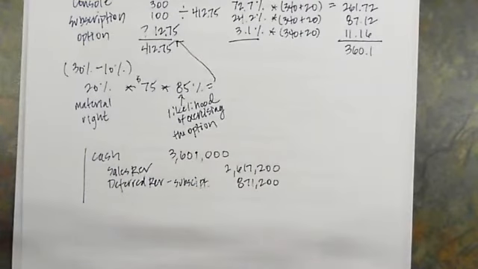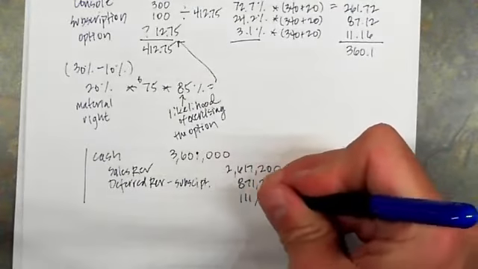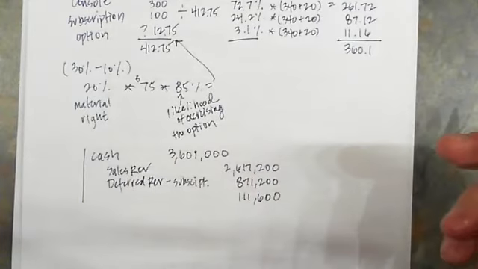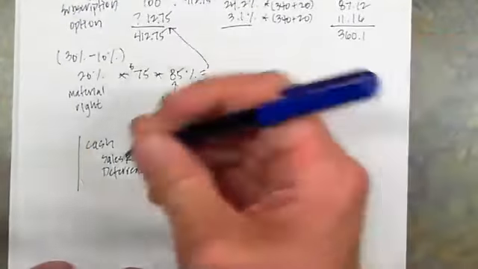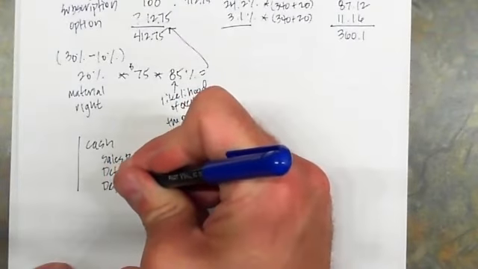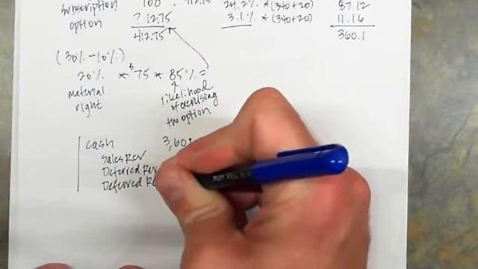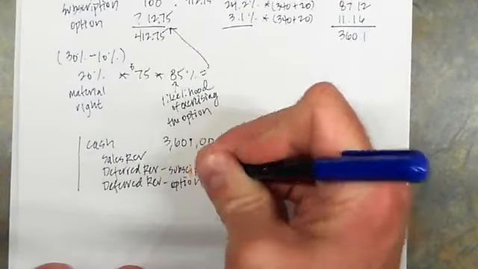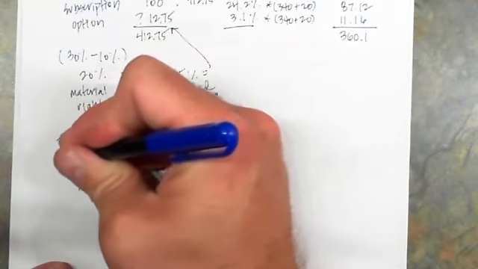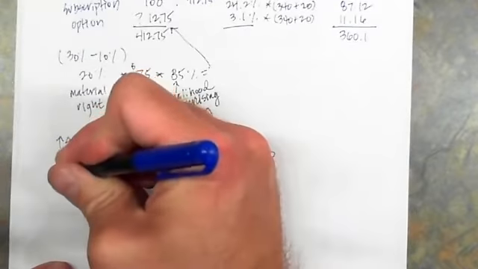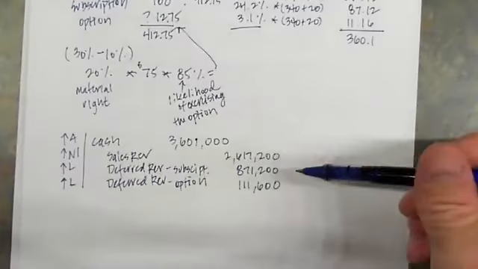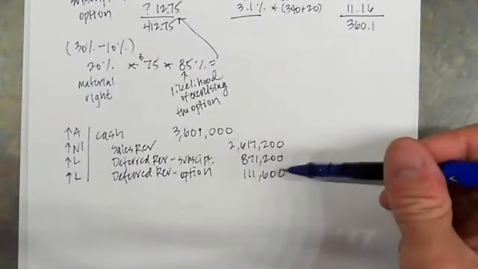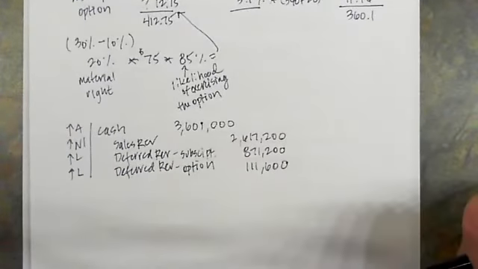The other one, the one I'm recording right now, is only going to be recognized if there's an actual exercise of the option, but it is deferred revenue. So we get an asset, we get some income, we recognize a liability, we recognize a liability. Okay. Point in time, period of time, point of time in the future, right?